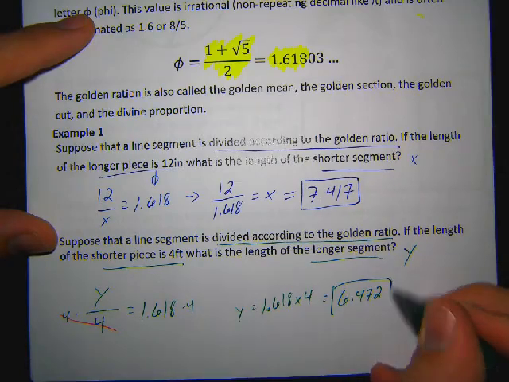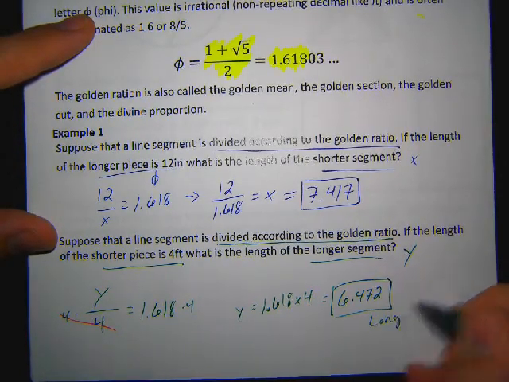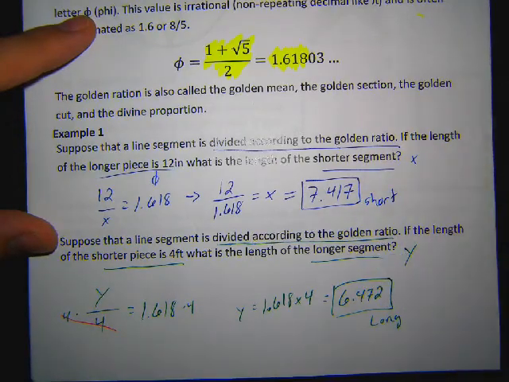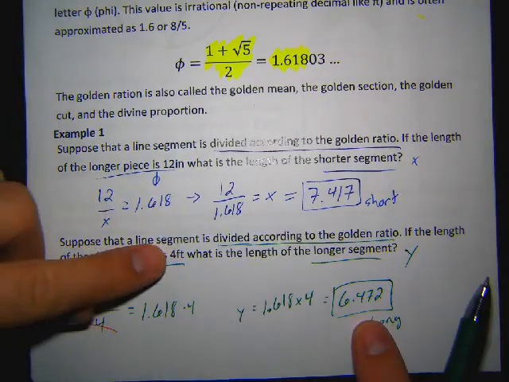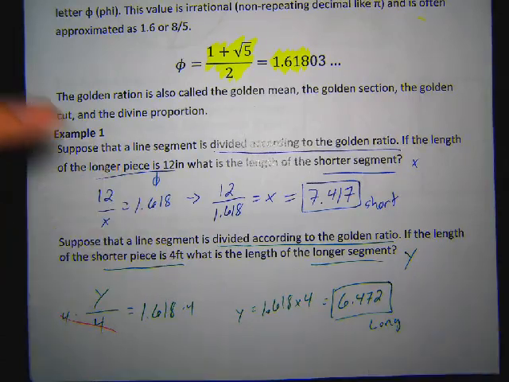That would be the length of the longer piece. Let's just put up here that this was the short piece. Again, if you know the long piece and the short piece, and you add those together, you get the length of the entire line. So if you take 4 plus 6.472, you get about 10.472. That would be the length of the entire line segment.